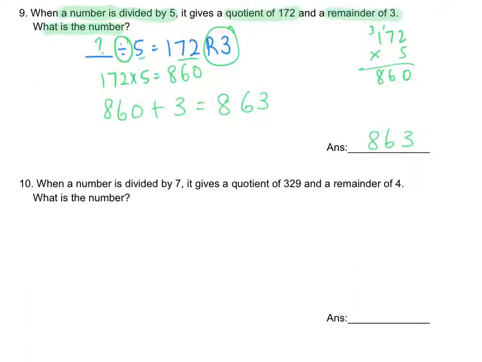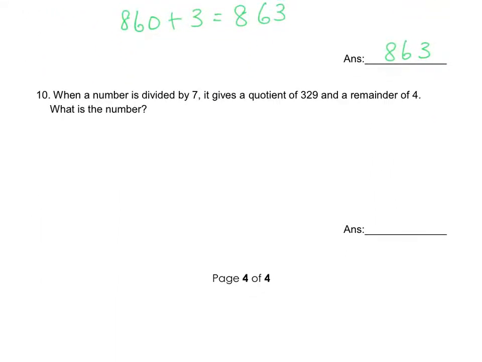Let's go on to the last question, question 10, which looks very similar to what we have done. When a number is divided by 7, it gives a quotient of 329 and a remainder of 4. What's the number? So same thing, let's first try to understand the question.